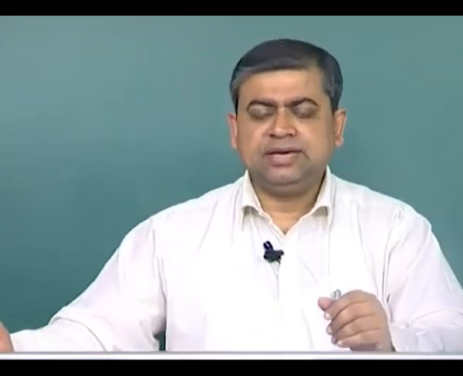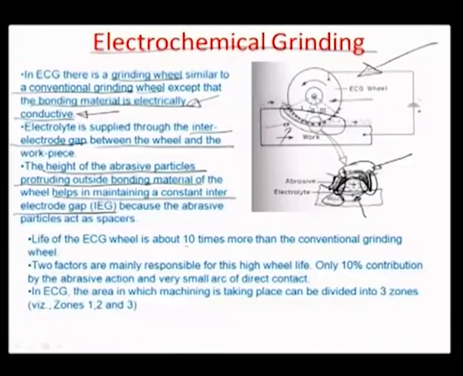In this particular case, that is not the case, because you are also carrying away the precipitate which is coming out of the material in the electrochemical machining aspect of the ECG, and the chance of the pockets getting redeposited with debris is minuscule, because you have designed the electrolyte so that whatever comes out goes as a precipitate and not as a deposit. Therefore, ECG wheels automatically last about 10 times longer than the conventional grinding system.